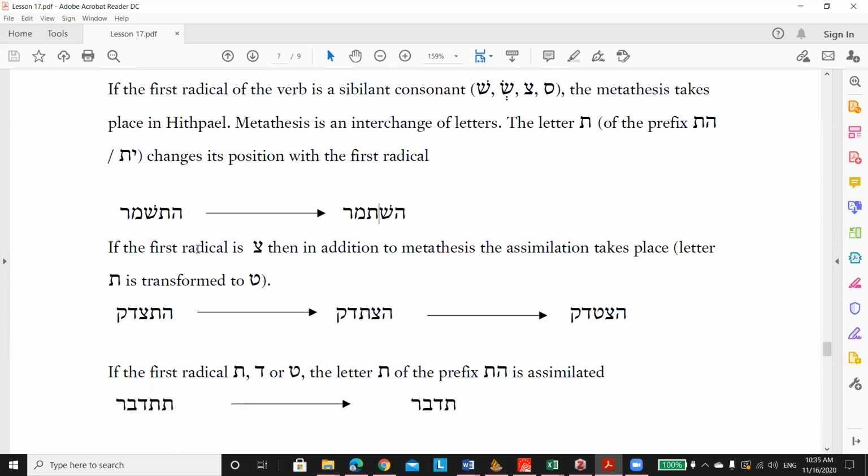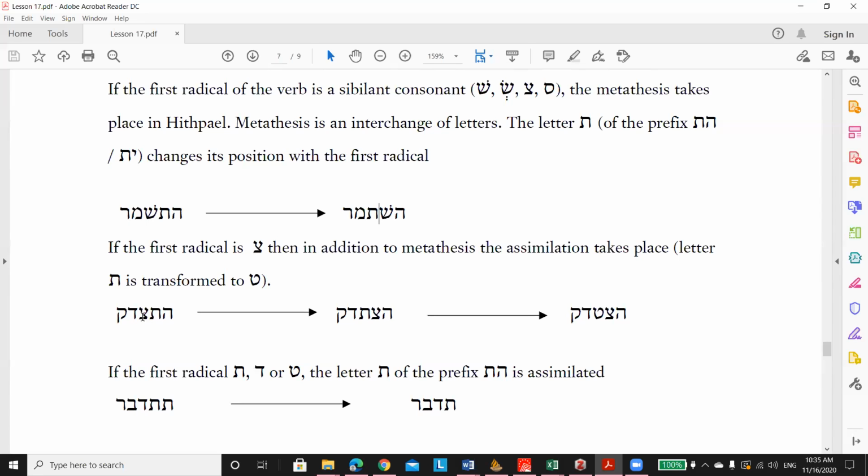So if the first radical is tzadeh, then in addition to metathesis, assimilation takes place. The letter taf is transformed to tet.